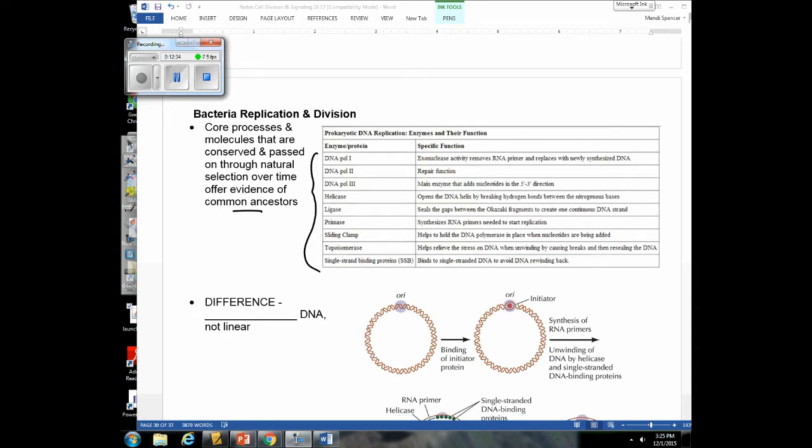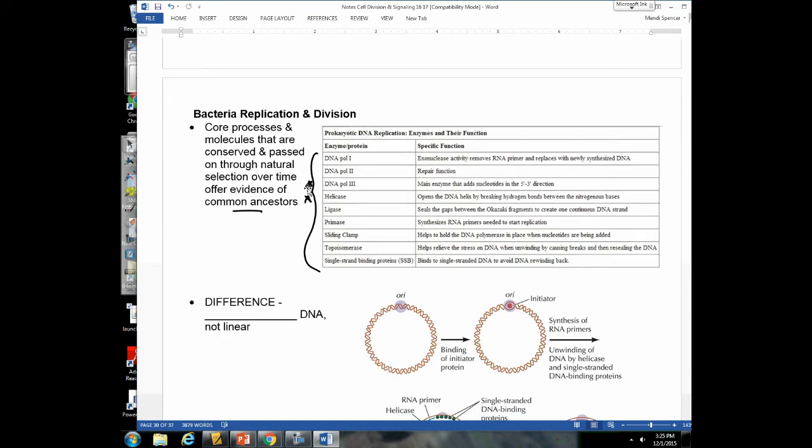So if it says discuss some enzymes that are involved in bacteria cell DNA replication, pick the big major players. What does helicase do? Whatever it did in your cells, it's going to do the exact same thing in a bacteria cell. Pick DNA polymerase 3. It's the one that matched up bases and elongated the strands of DNA whenever DNA is being replicated.